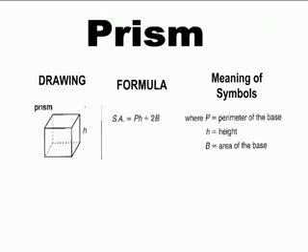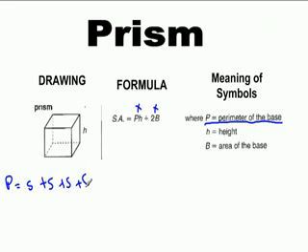The first shape is a prism. As you can see here, the formula for surface area for a prism is pH plus 2b. Remember, this means to multiply those two together, and that means to multiply those two together. P is the perimeter of the base, so instead of finding the area of the base, it's the perimeter, and remember the perimeter is side plus side plus side plus side.